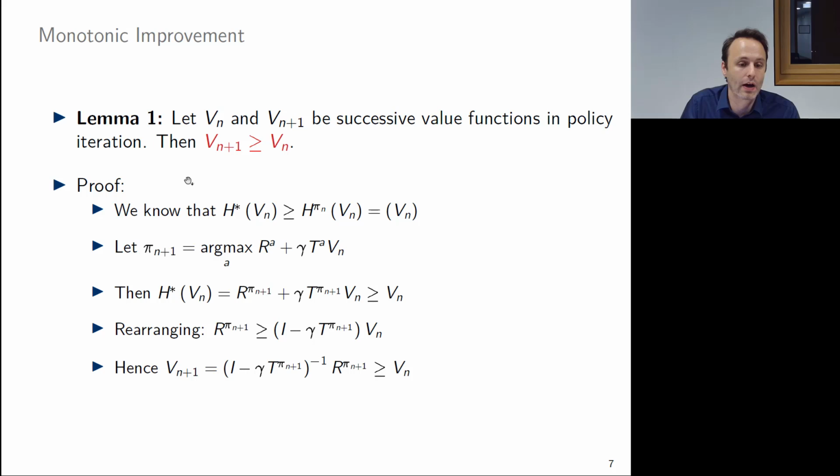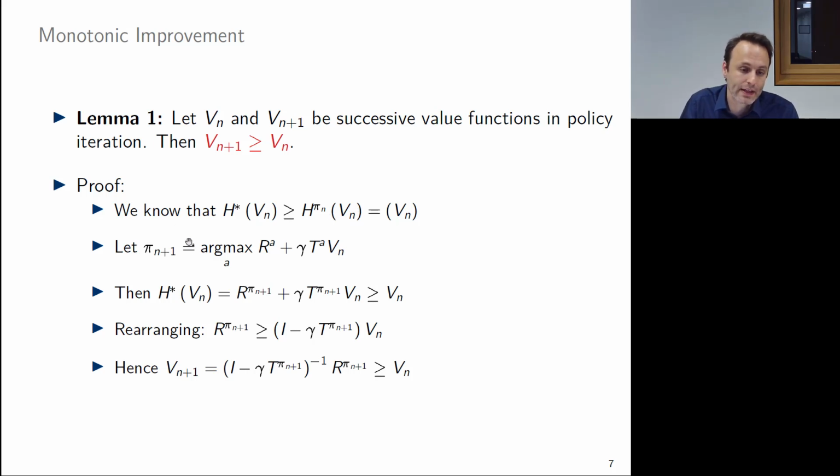Why? Because we know that if you use the policy evaluation operator H for the best policy, then this is going to be better than the policy evaluation operator at some policy pi n.